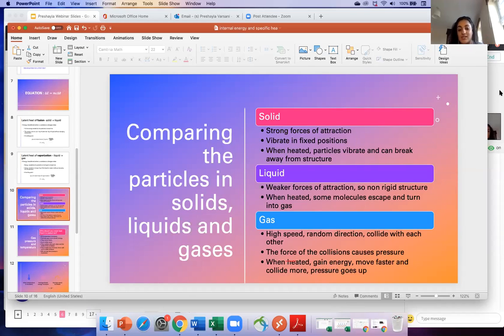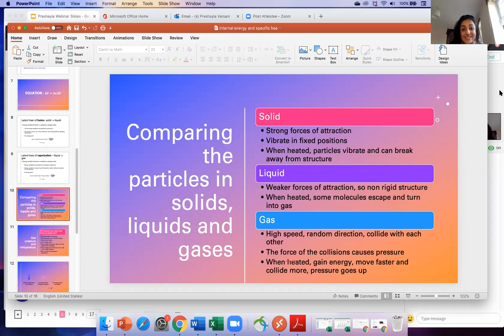Now, because they collide, they create a force. So when two things collide, we know that there is a force between them. Now, this force is what causes what we know as pressure. So because of these collisions, because of the energy of the particles causing collisions, we get lots and lots of force. This force builds up and causes pressure.